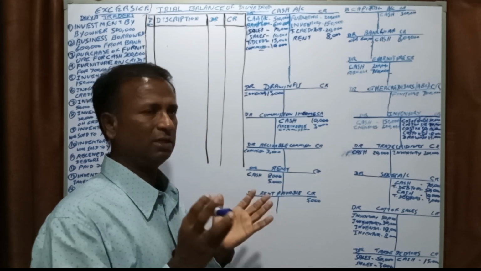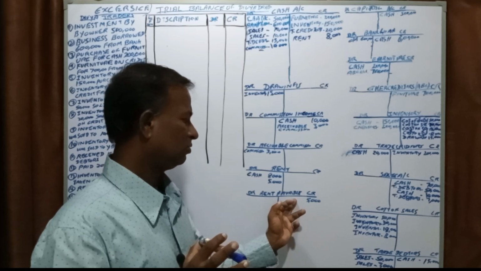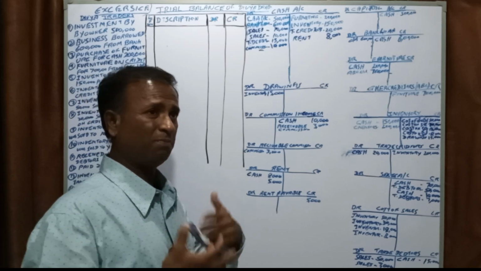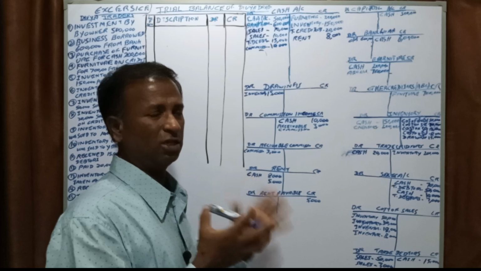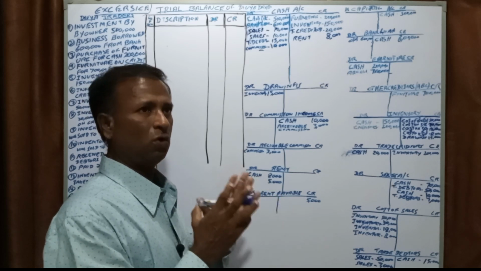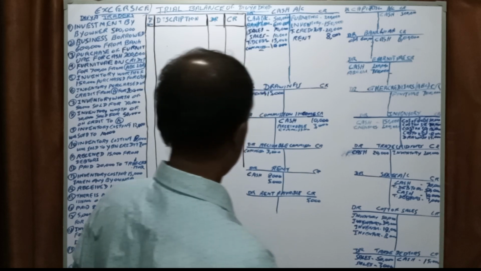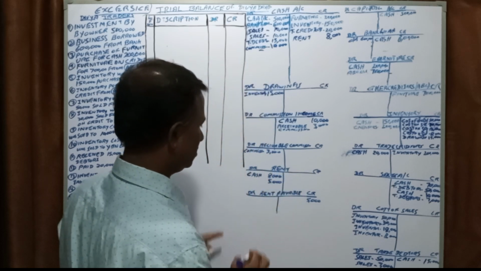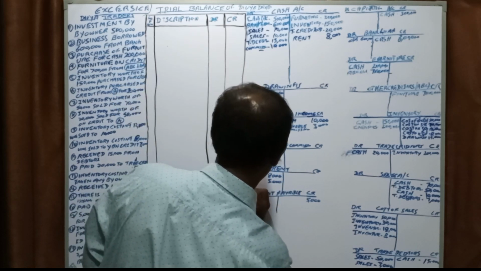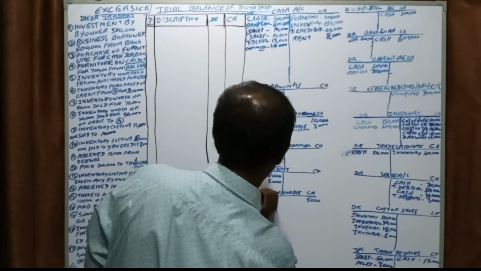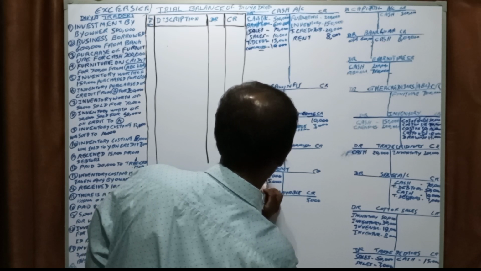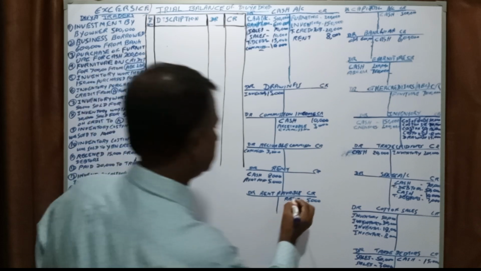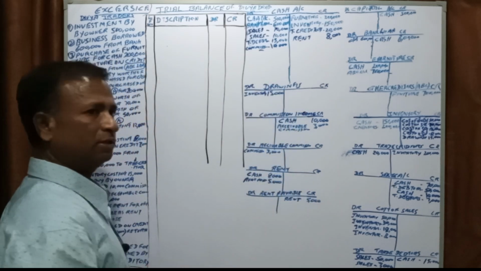If the liability is increasing, then it has to be credited. When we are paying the rent, it was an expense, so expenses always debited. So we have debited the expenses. Here we will say rent payable, here we will say rent. Both are telling.